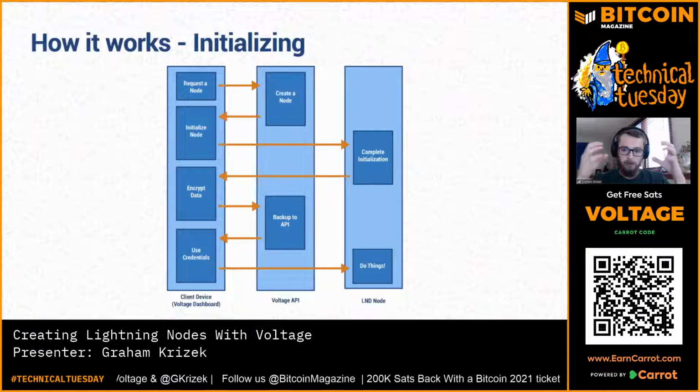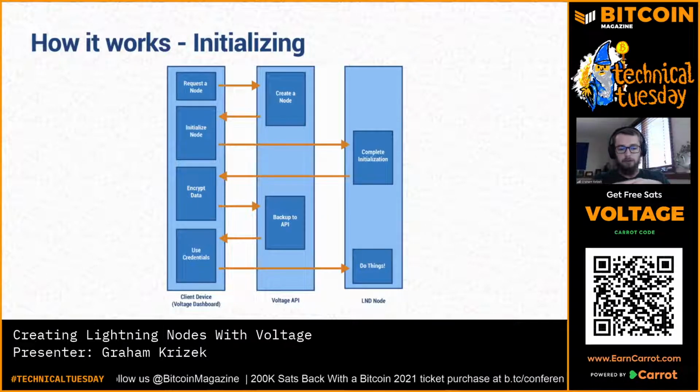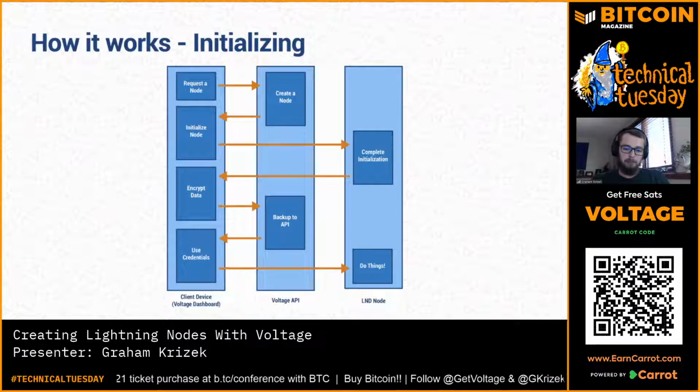And then on the client side browser, we encrypt that data, your seed phrase, your macaroon, all that stuff, to your password that you used for initialization. And so we encrypt all of that data client side, and then we back it up to our API.